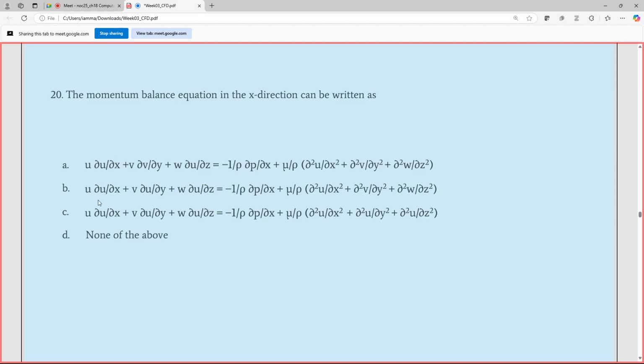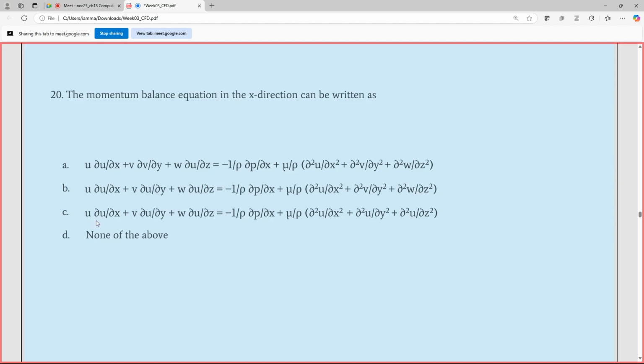Option B, u times dou u by dou x, v times dou u by dou y plus w times dou u by dou z is equal to minus 1 by rho times dou p by dou x plus mu by rho times dou square u by dou x square, dou square u by dou y square plus dou square w by dou z square.